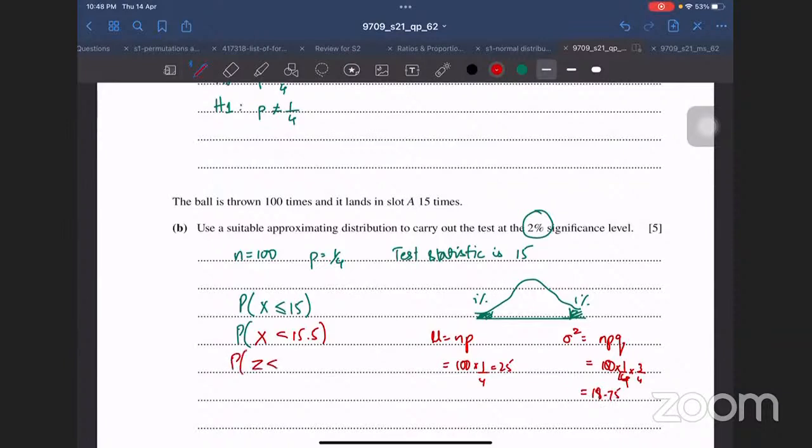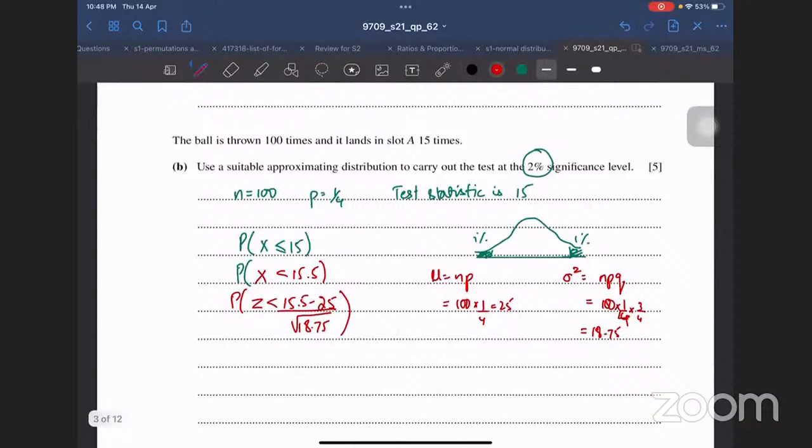So Z less than 15.5 minus 25, sorry. So I get 15.5 minus 25 divided by root of 18.75. So this becomes minus 2.194.